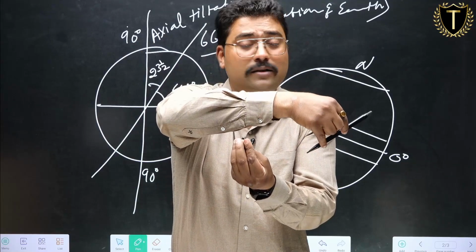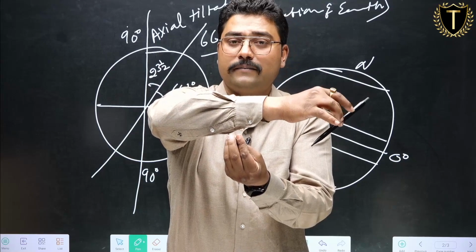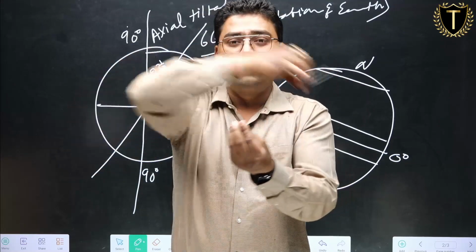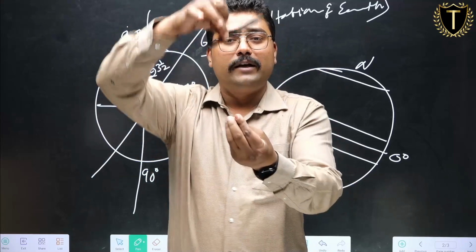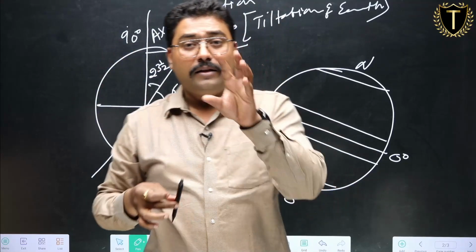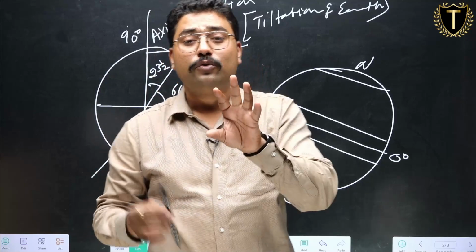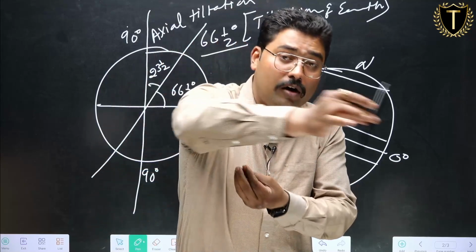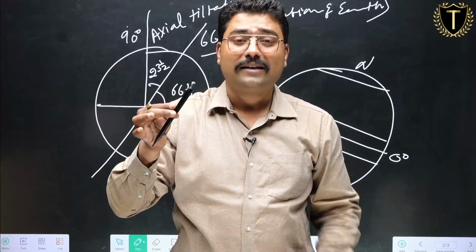So, summer season in the southern hemisphere and the north is going to experience winter season. In both positions, one time the Earth passes from here and another time here. That's why the seasons on Earth change due to revolution of Earth around the Sun on its tilted axis.